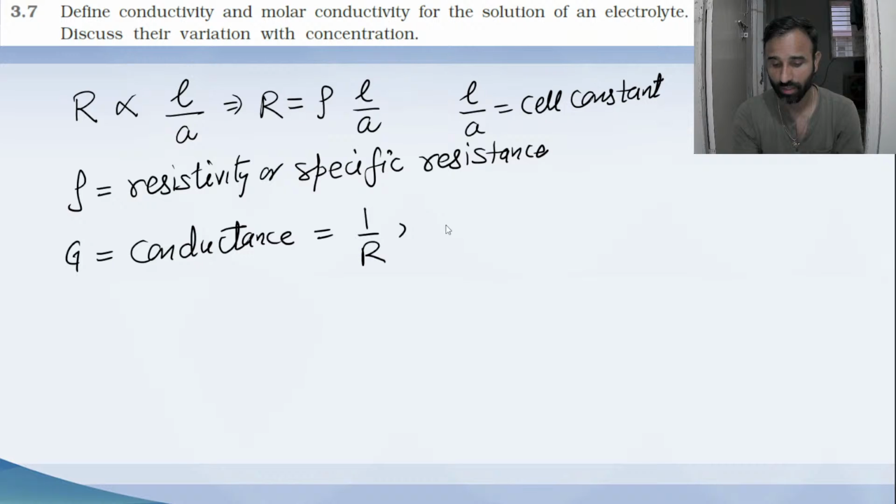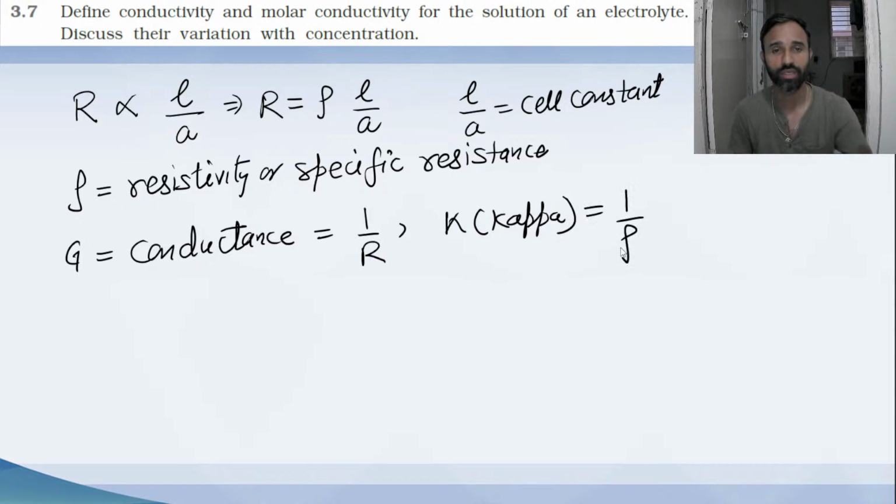And conductivity is known as kappa, equal to 1 upon resistivity.